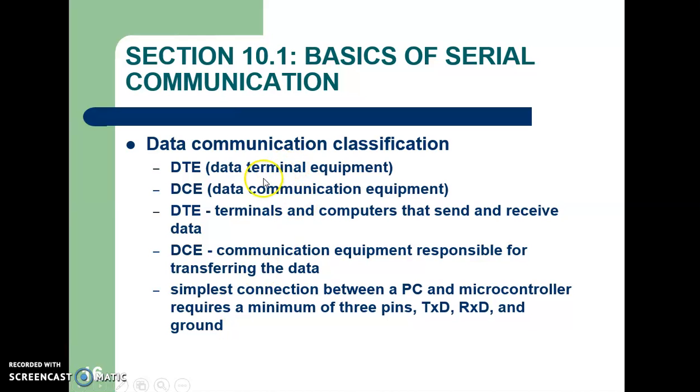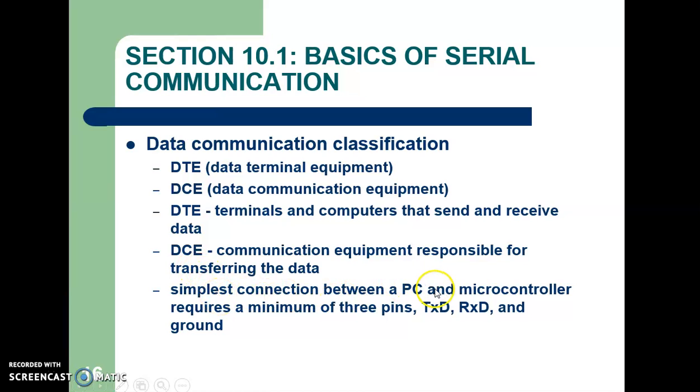One is called DTE, data terminal equipment. Another is data communication equipment, DCE. Terminals and computers that send and receive data are called DTE. Communication equipment responsible for transferring the data is DCE, like a modem.